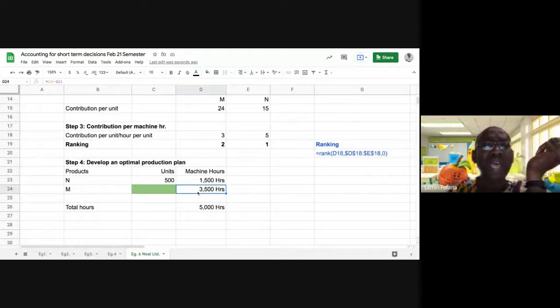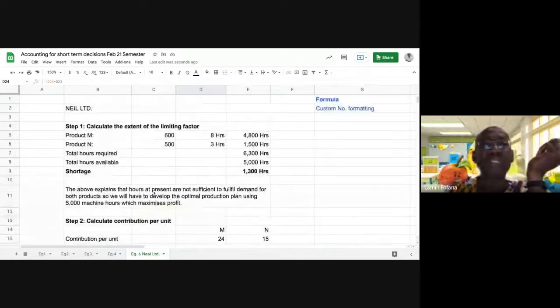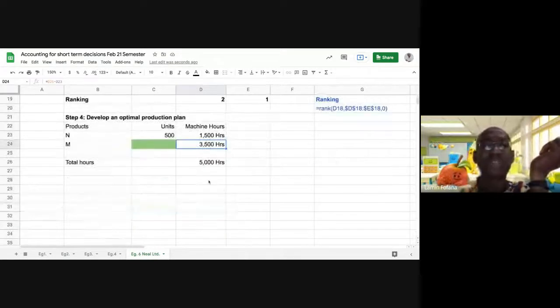If you want to find how much this 3,500 hours is in terms of units, in order to calculate the hours, product M needs 8 hours to produce 1 unit. So you simply divide by 8 hours. So it's 3,500 divided by 8 hours.